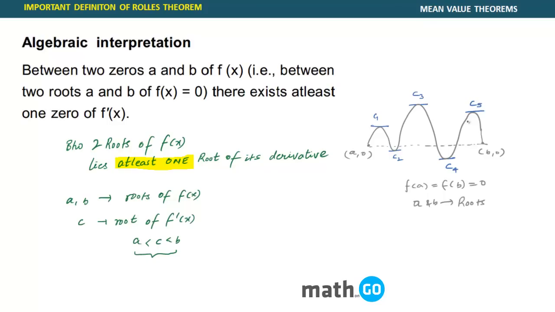Tangents at all these 5 points are parallel to the x-axis because they have slope 0. So c1, c2, c3 up till c5 are nothing but roots of f'(x).